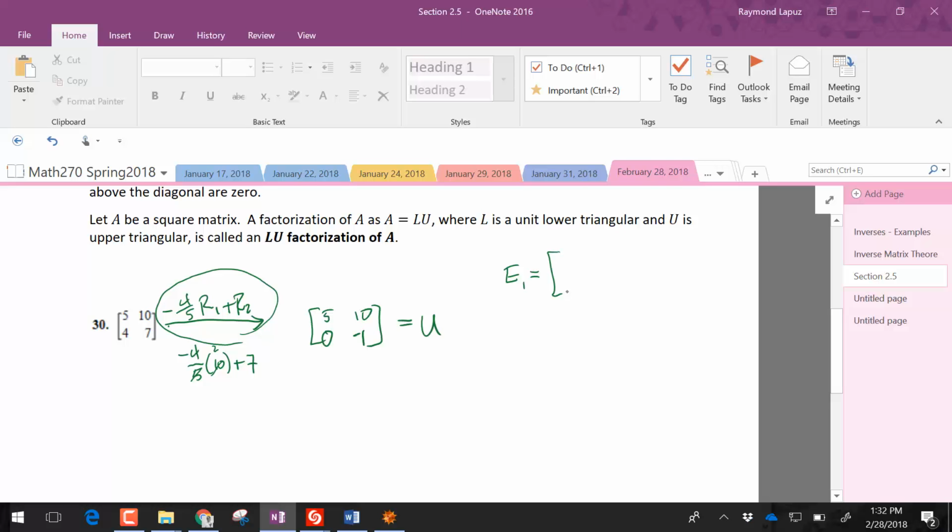And what are we going to get? So if we imagine doing this to the identity, and then let's do the minus 4/5 R1 plus R2 business. We're going to get 1, 0, and then we get this minus 4/5, 1, right? You remember that?